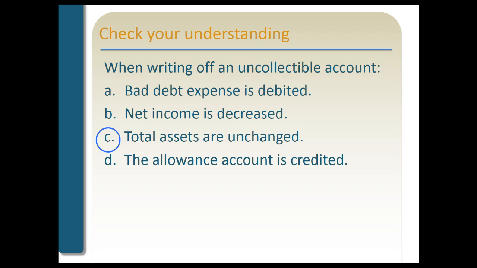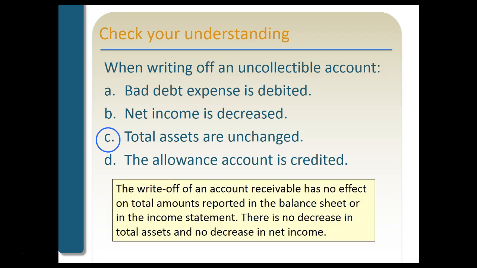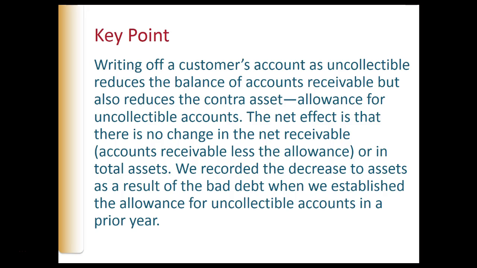Total assets are unchanged. The write-off of an accounts receivable has no effect on total amounts reported in the balance sheet or in the income statement. There's no decrease in total assets or no decrease in net income.